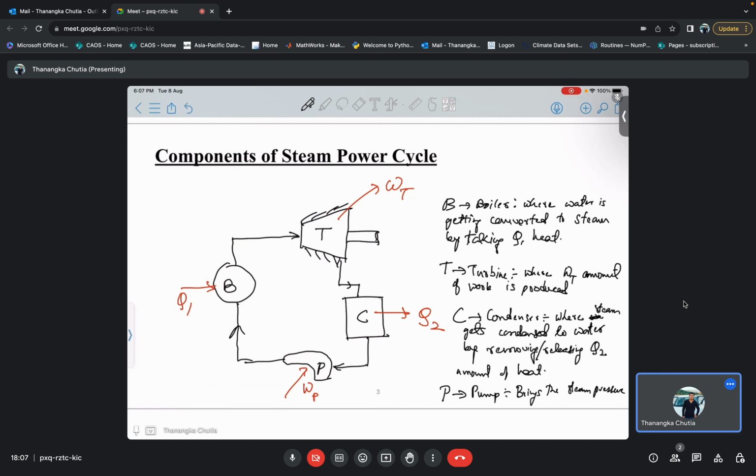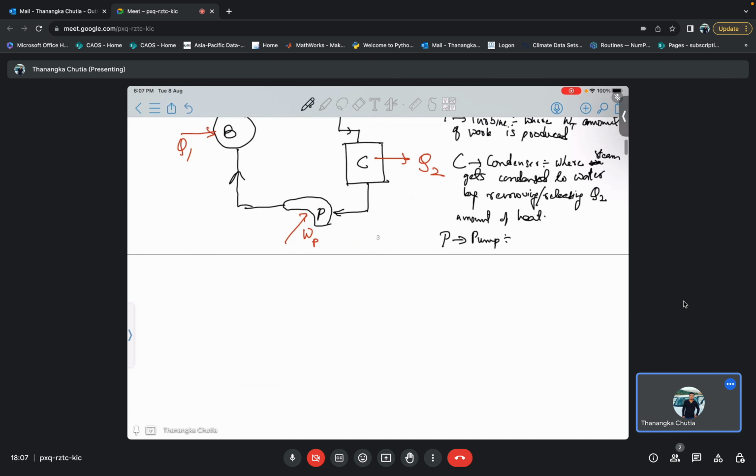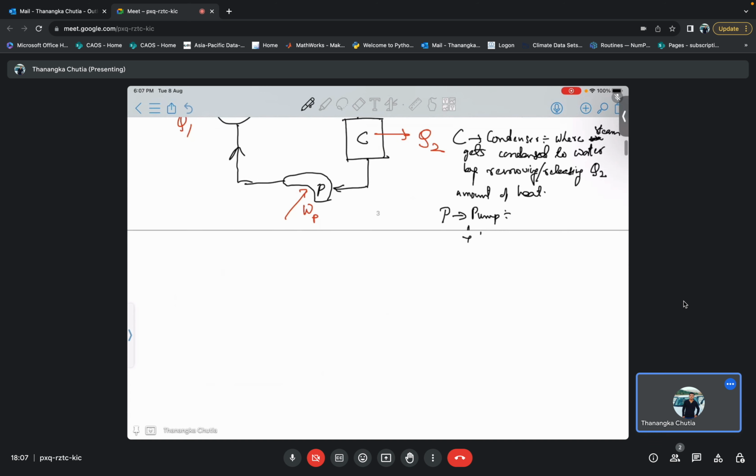So what the pump does is bring the pressure of the steam coming out of the condenser to the boiler pressure, so that the entire cycle gets completed.